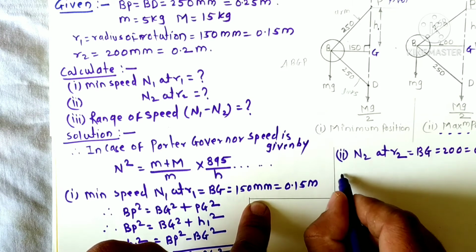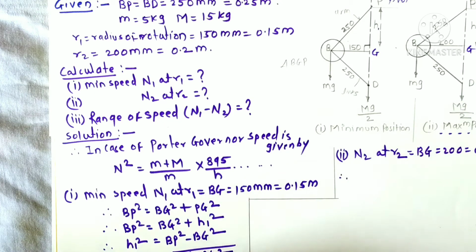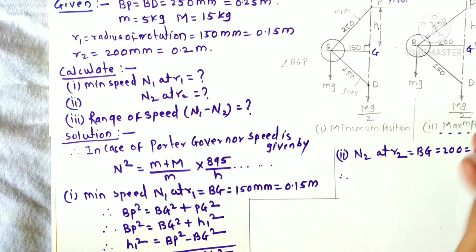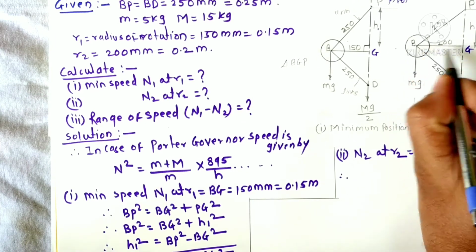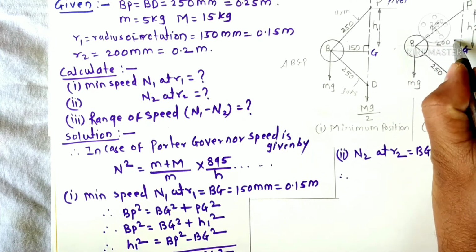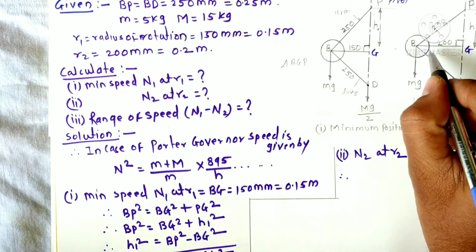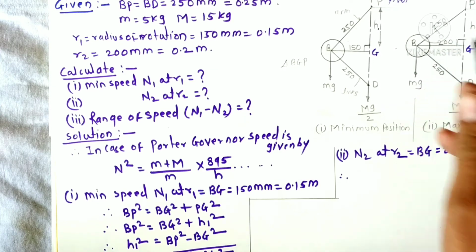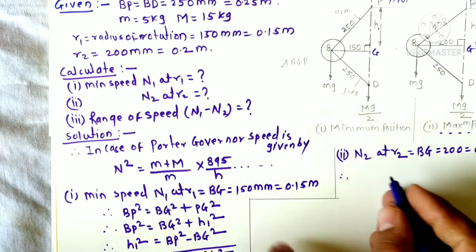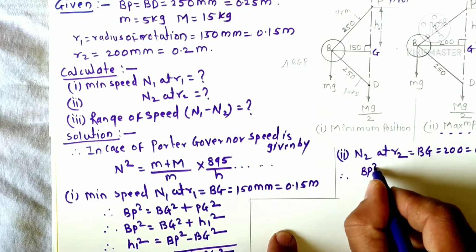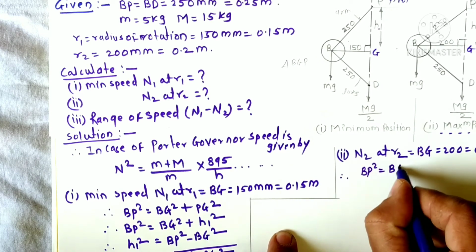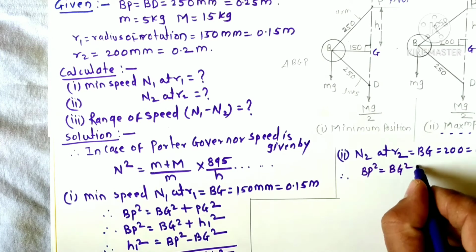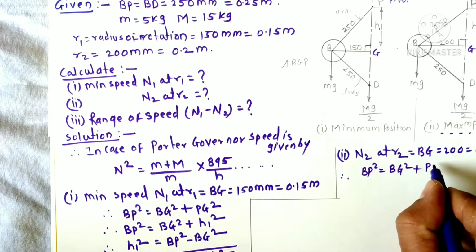Now in the same case, here we calculated H1. In this case, we have to calculate this H2. So what is the formula to calculate H2? See, this triangle BGP is also a right angle triangle. In the case of a right angle triangle, according to the Pythagoras theorem, BP square is equal to BG square plus PG square.